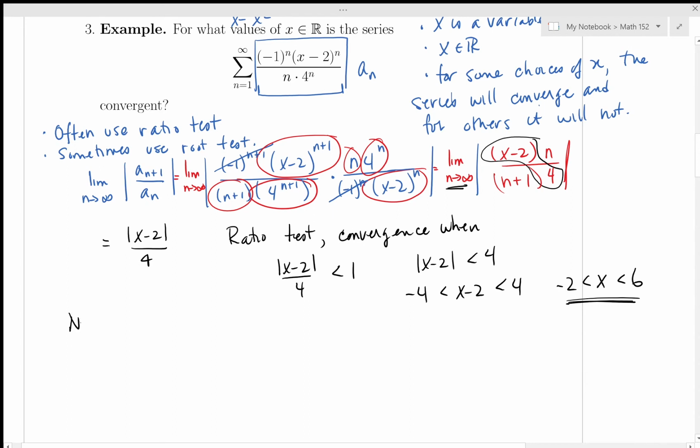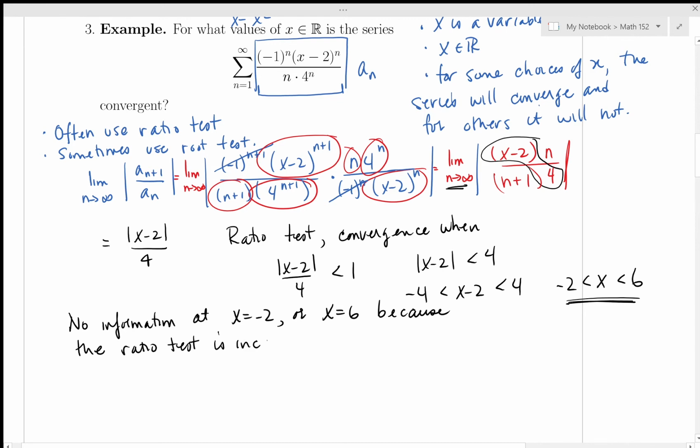No information at x equals minus 2 or x equals 6, because the ratio test is inconclusive when the ratio equals 1.